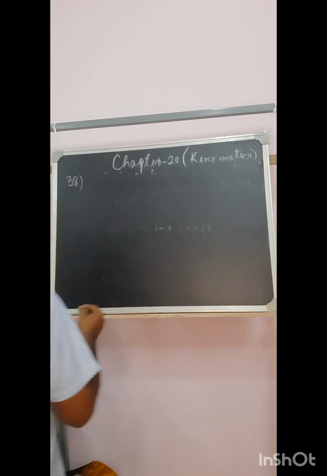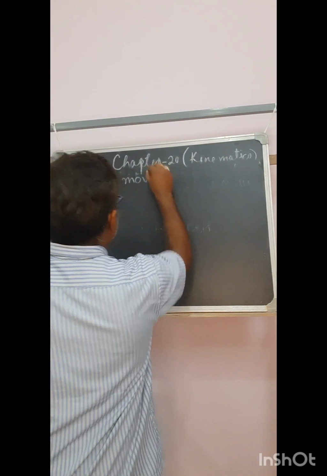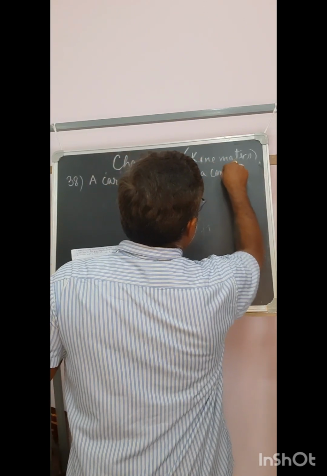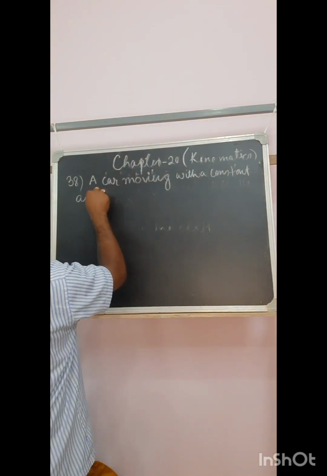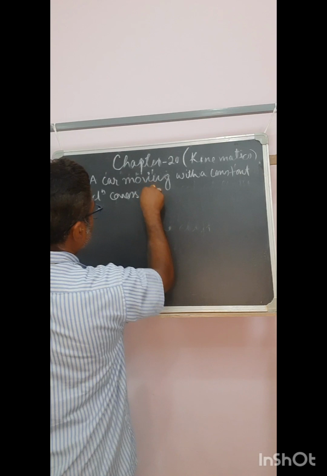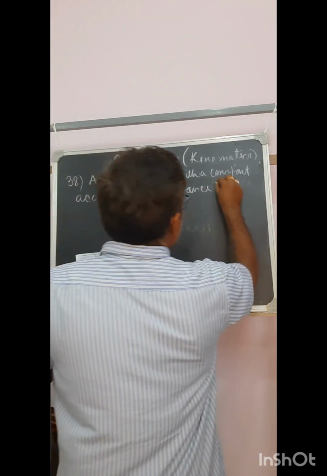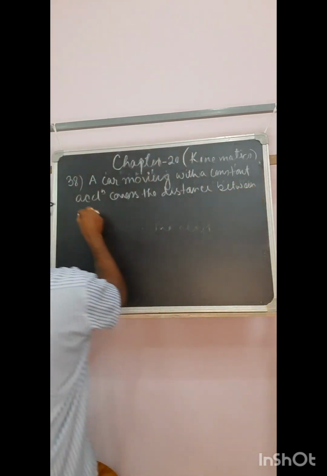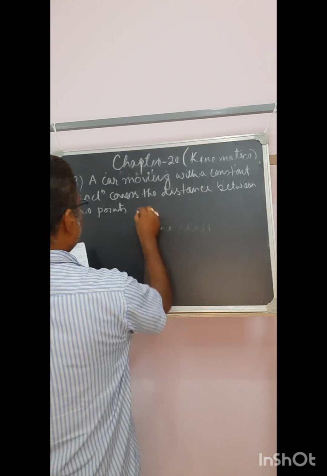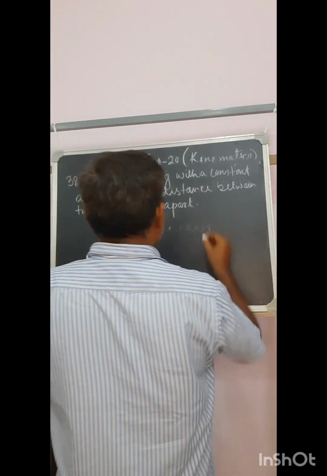It says a car moving with a constant acceleration covers the distance between 2 points 180 meter apart in 6 seconds.